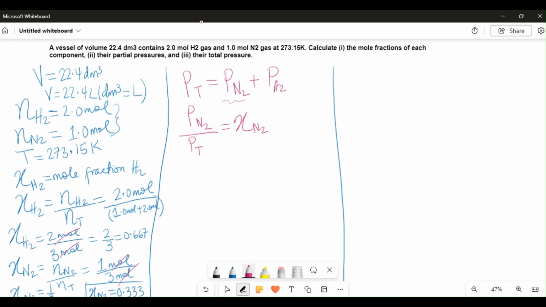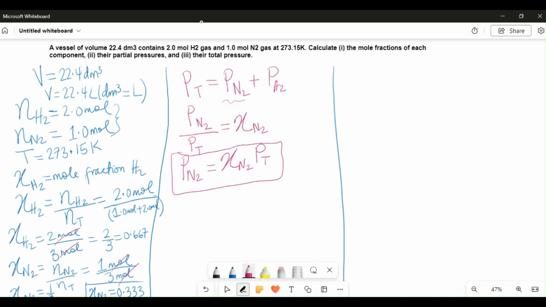So it's important to know that if we wanted to find the mole fraction of nitrogen, we can just divide the partial pressure by the total pressure. But since we are trying to find the partial pressure here, the partial pressure of nitrogen is going to equal X, the mole fraction of nitrogen, times the total pressure. And this is what we do. And we'll do this exact same thing for hydrogen gas.